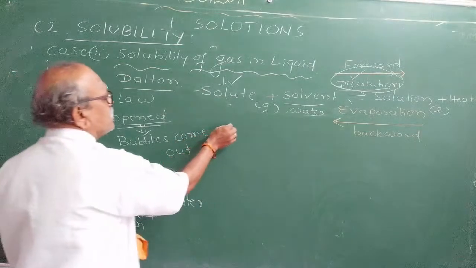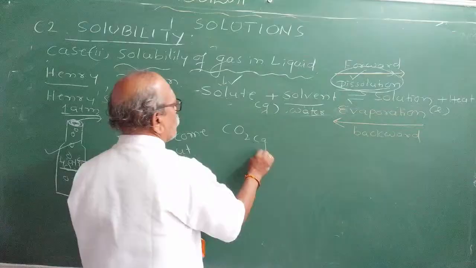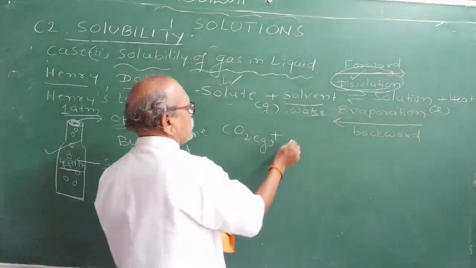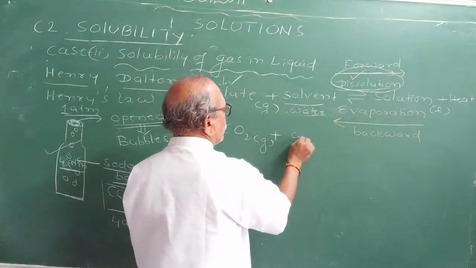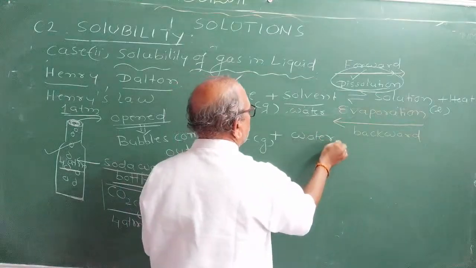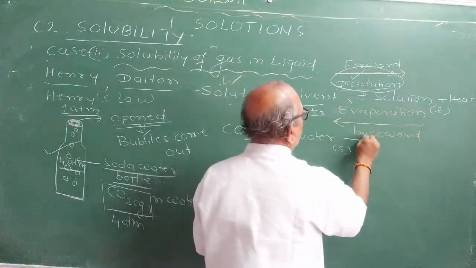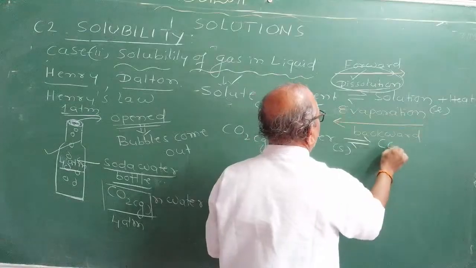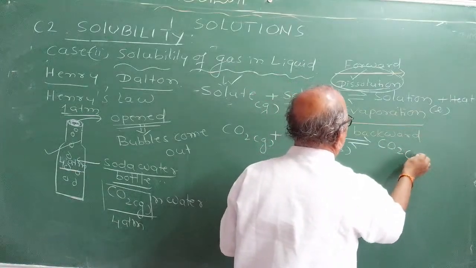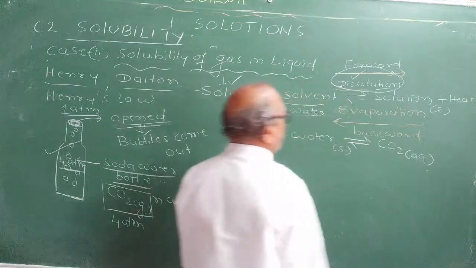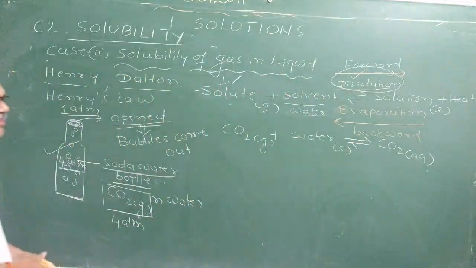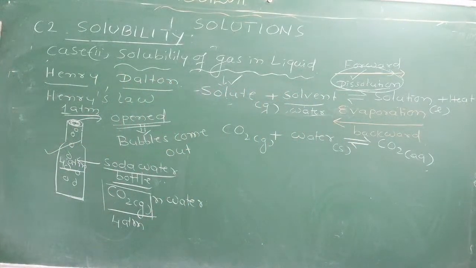Now, the reaction is carbon dioxide gas plus water solvent in equilibrium with carbon dioxide, aqueous, dissolved carbon dioxide. Like we took oxygen, we will take the case of carbon dioxide in the soda water bottle.